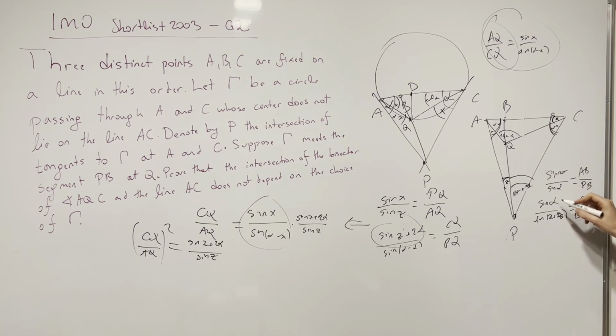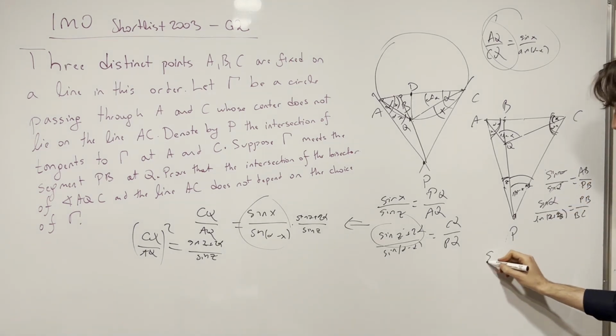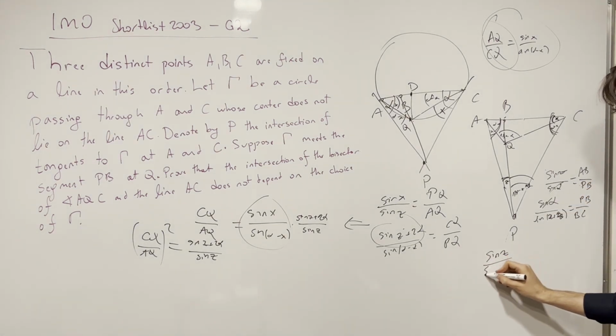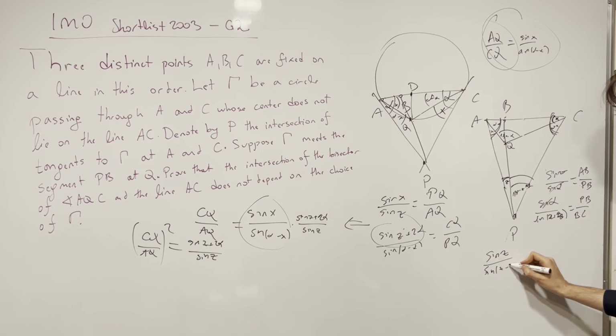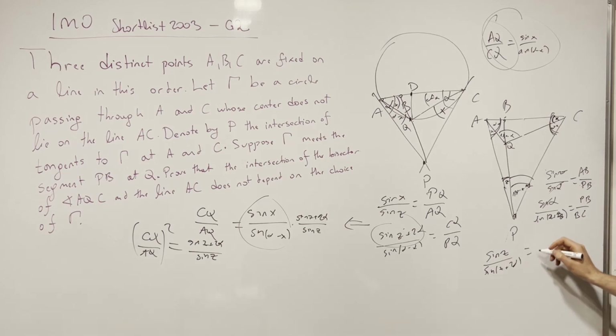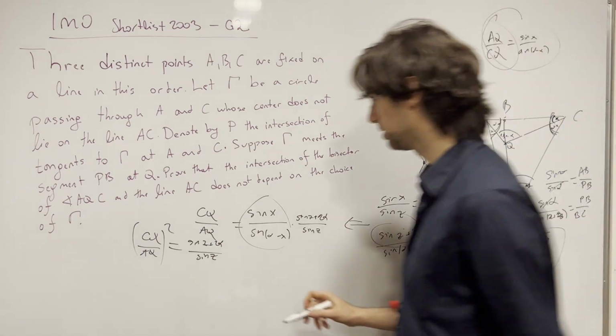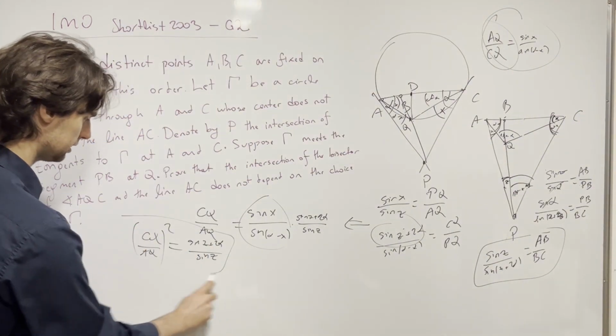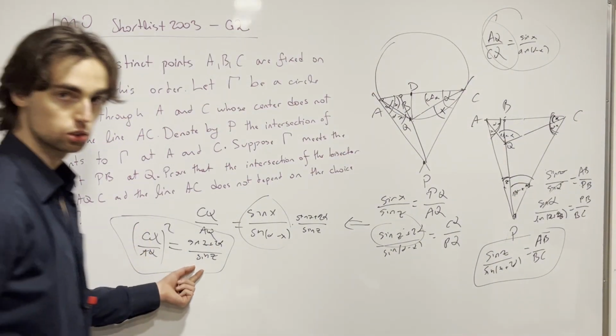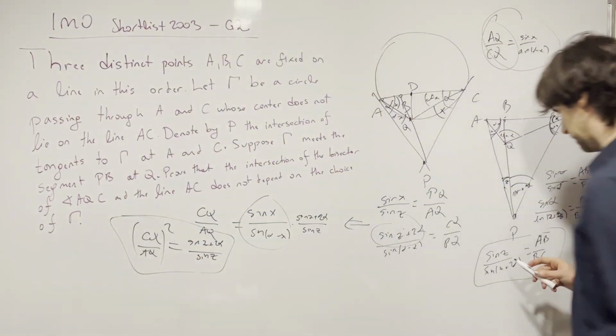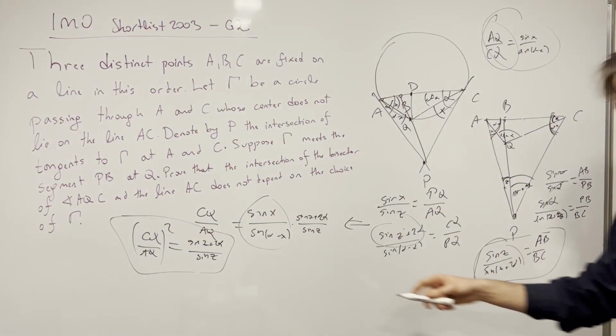And when I multiply them together, alphas cancel out, and I get sine of z over sine of z plus 2 alpha is equal to AB over BC. So now I have this equality. So what does this give me? Well, I have here really the opposite of this.